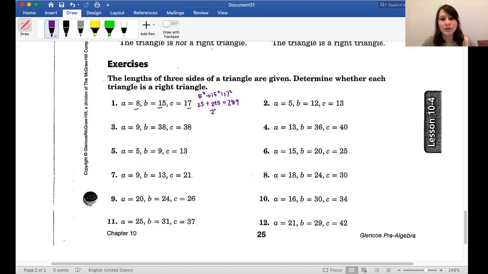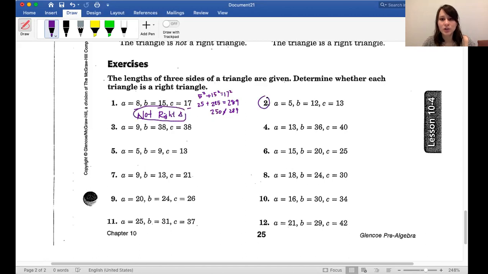No, it's 250, sorry, 250. That is not 289. It does not equal. So because the squares of the legs don't add up to the hypotenuse squared, this is not a right triangle for number 1.